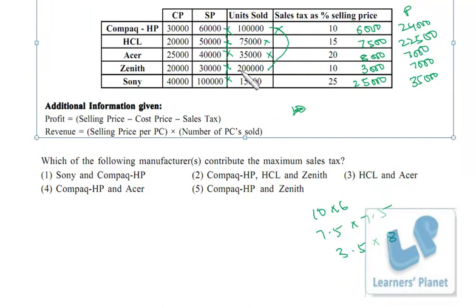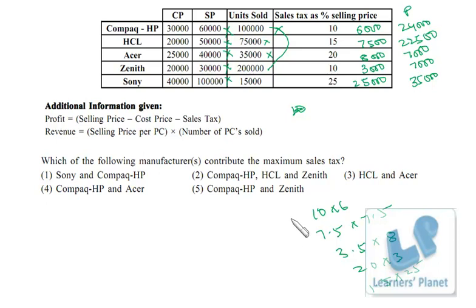Then we have 20 into 3, then we have 1.5 into 25. Okay, so that comes to 60. That's 7.5 squared, 56.25, so that's less than 60. This is also 60. That's very less than 60. That's very less than 60. 25 into 1.5 is just 37.5. So we have this and this. That is the first one, Compaq, and this fourth one, that is Zenith.